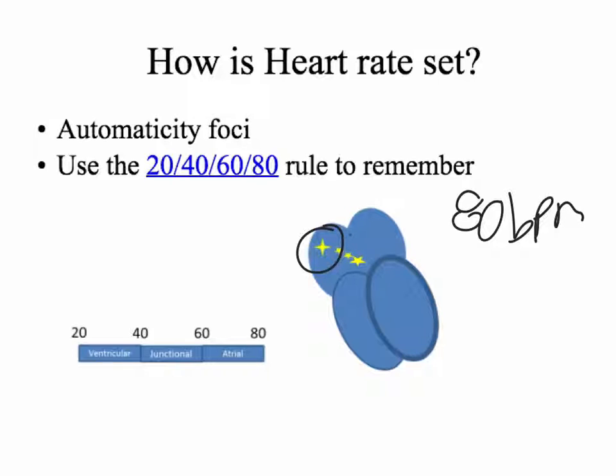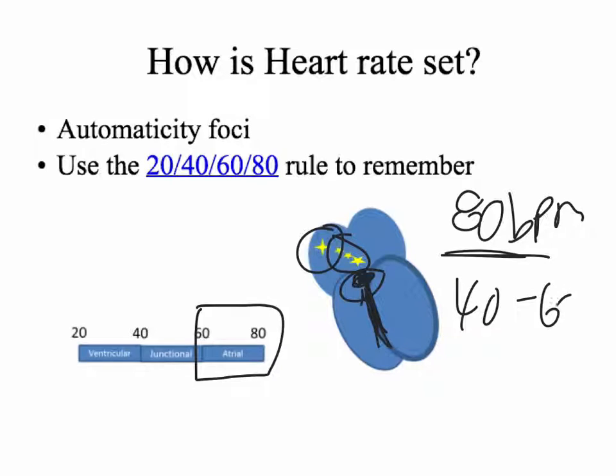And then there are other atrial automaticity foci that are close to the range of 80, so they're between 60 and 80. And then you have the junctional automaticity foci in that junctional area being between 40 and 60.